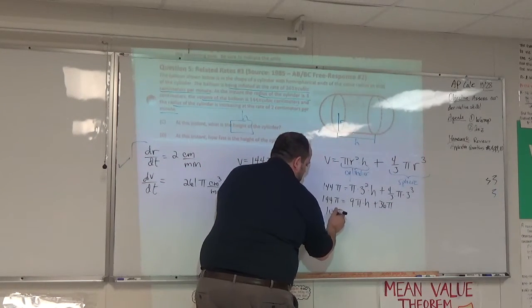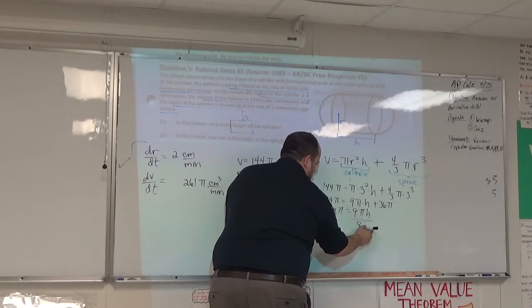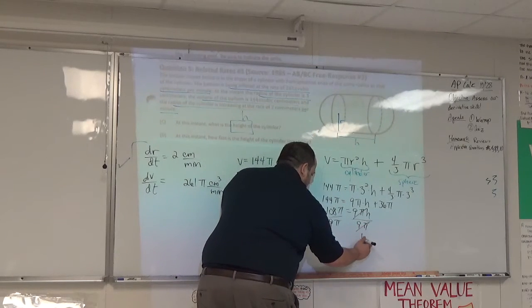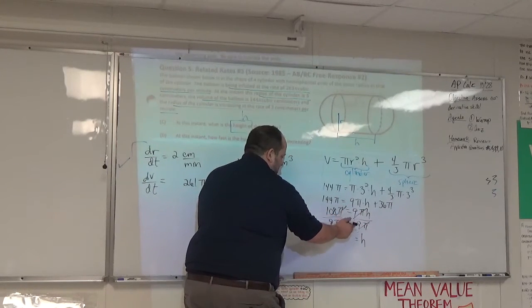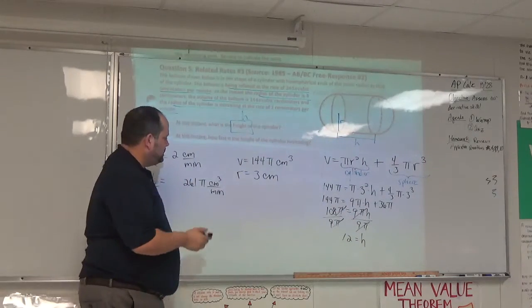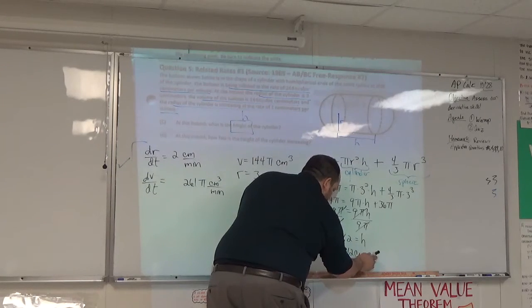Subtract the 36 pi. 108 pi equals 9 pi h. We're going to divide both sides by 9 pi. 108 pi divided by 9 pi. The pi's cancel. 108 divided by 9 is 12. So the height is 12 centimeters.